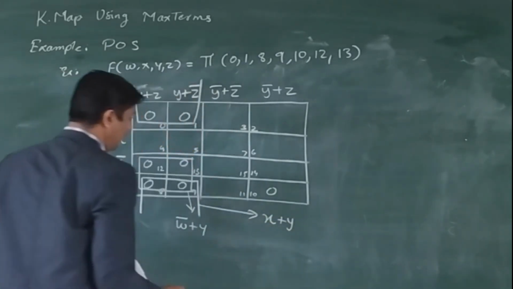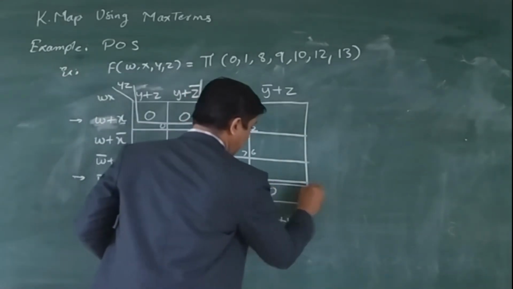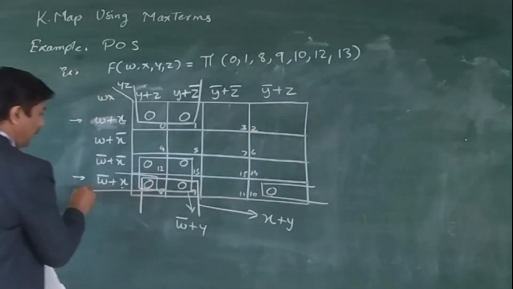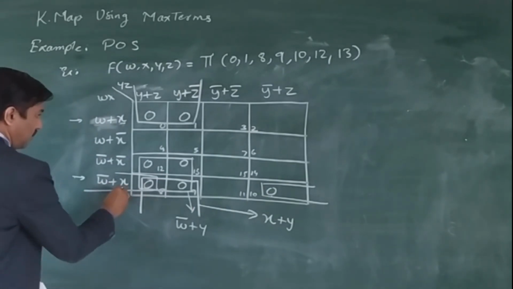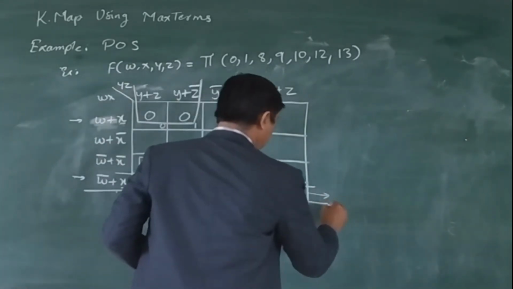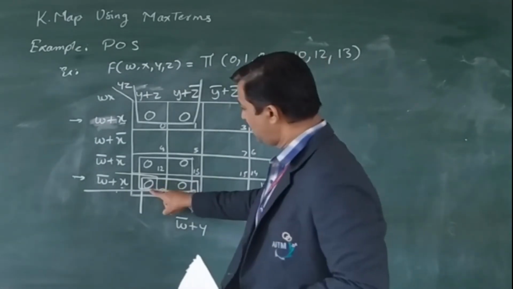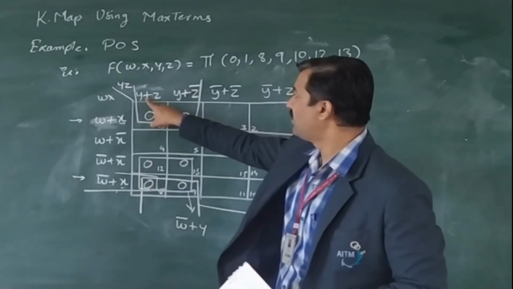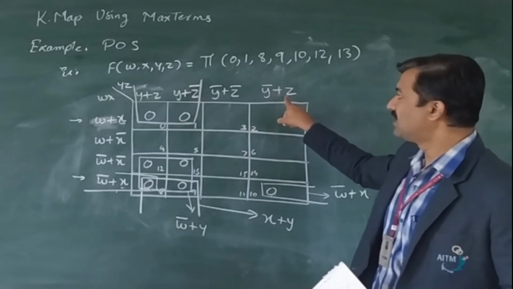And then we have this 0 and this 0 which are adjacent. So you can group this and you can group this. So for these 2 zeros, it is W bar plus X. So I write the expression here, W bar plus X. For this 0, as I have grouped this and this, it is Y plus Z, and for this 0 it is Y bar plus Z. So what is the constant term?